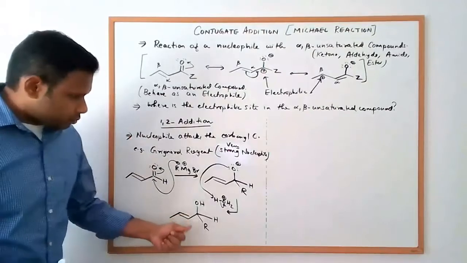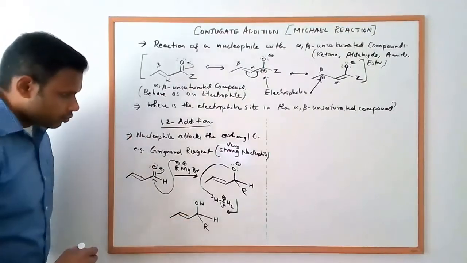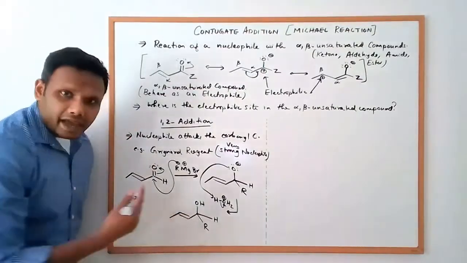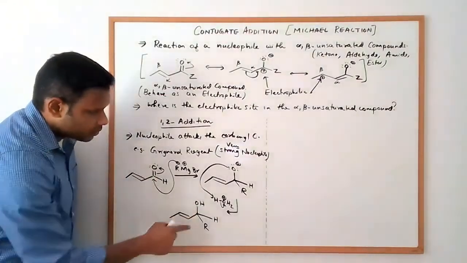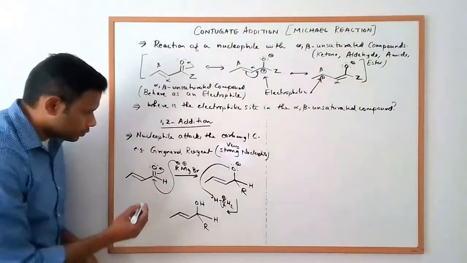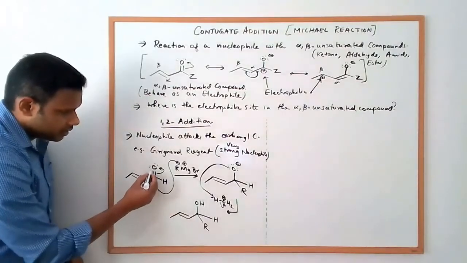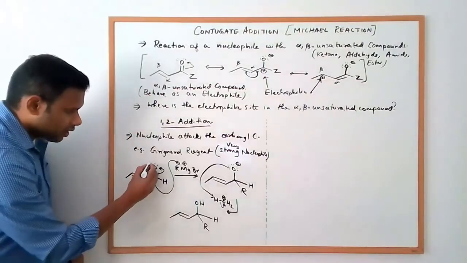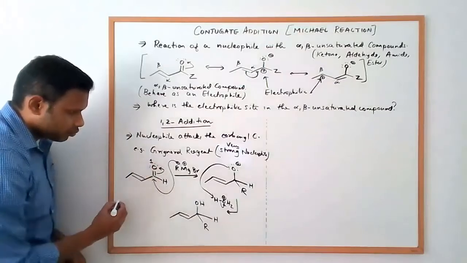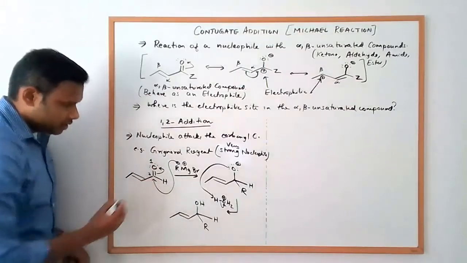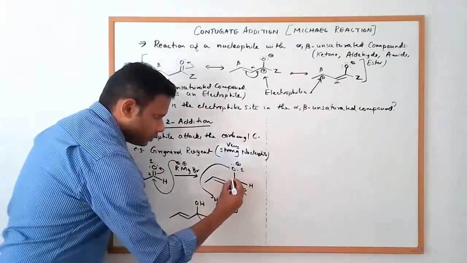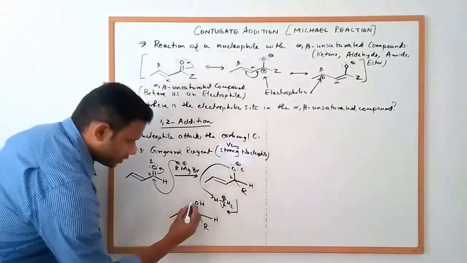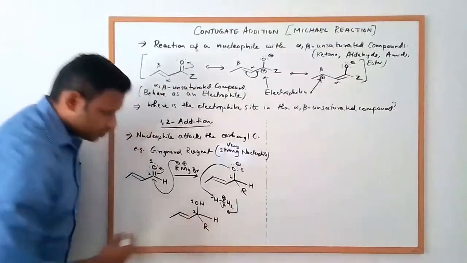If you look at the product, we added two components to atoms that were related to each other as 1 and 2. If I count from this oxygen as atom 1, and this carbon as atom 2, so this is 1, this is 2.